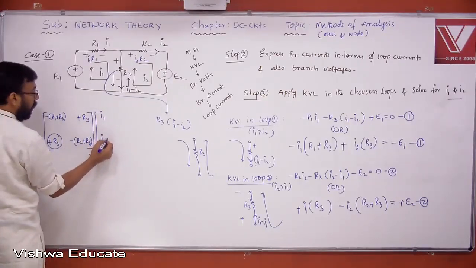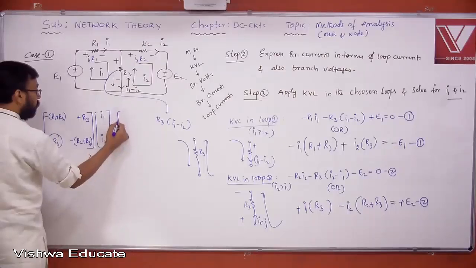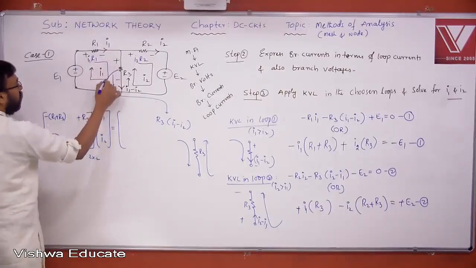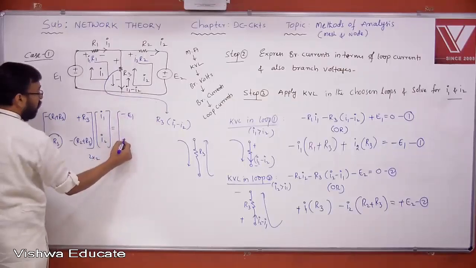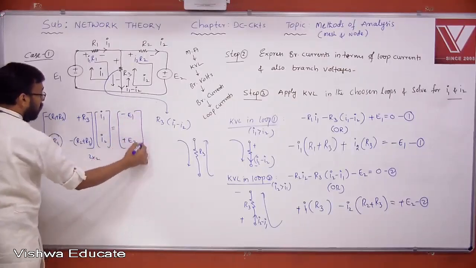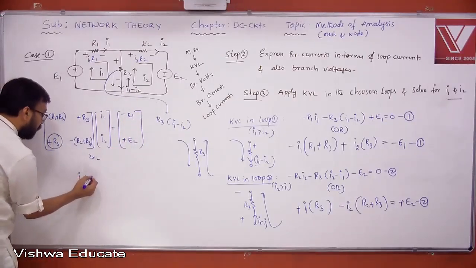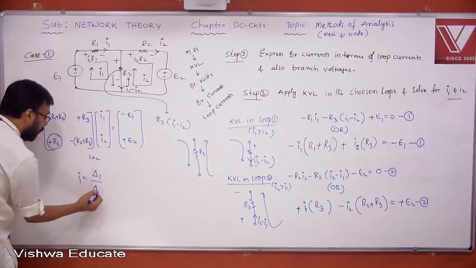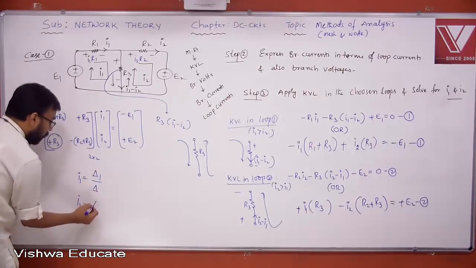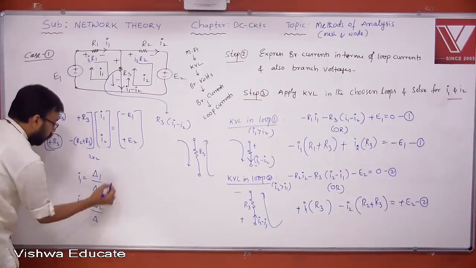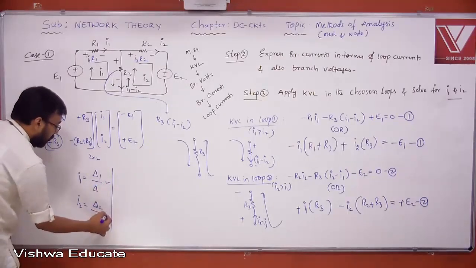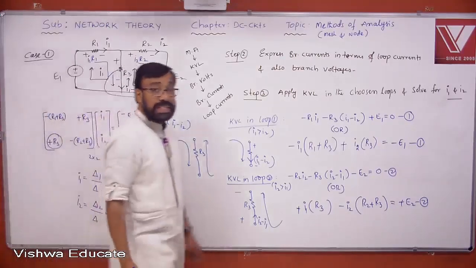I1 and I2 equal the energy sources: touching negative sign first, minus E1; touching positive sign first, plus E2. That's it. So once you know this, I1 is equal to delta 1 by delta, I2 is equal to delta 2 by delta. You know how to apply Cramer's rule, and you can solve for these and get the answers. Understand, all of you?